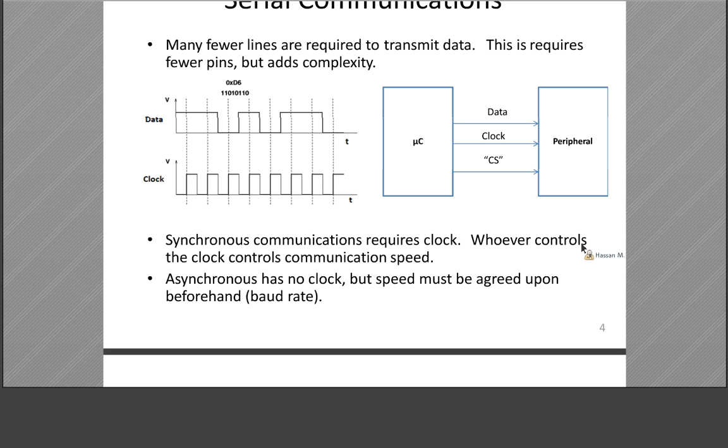The master, the microcontroller, controls the clock. Thus it controls the speed of serial communication, for example the baud rate, such as 1 megabit per second, 10 megabit per second, etc. The speed of serial transmission in sync mode is defined by the clock speed.